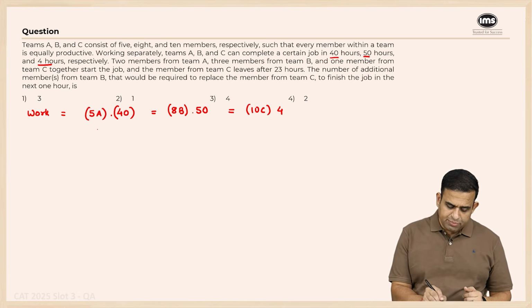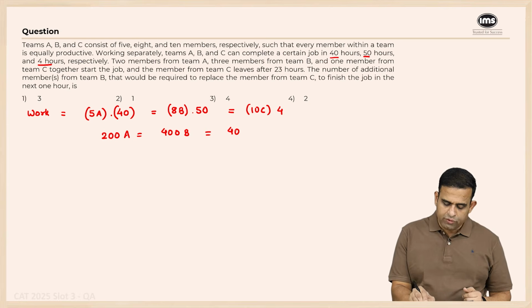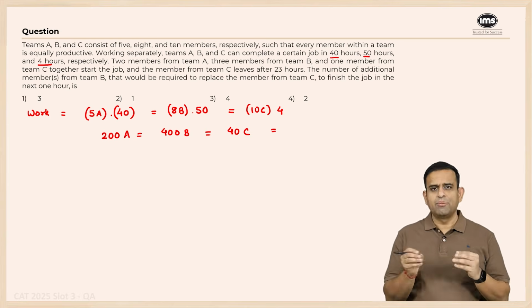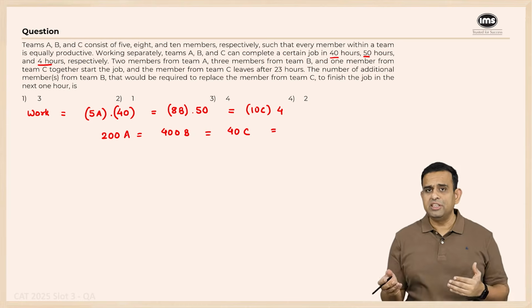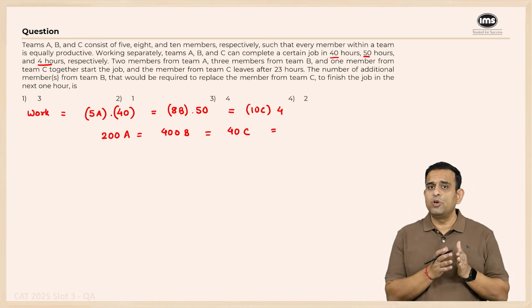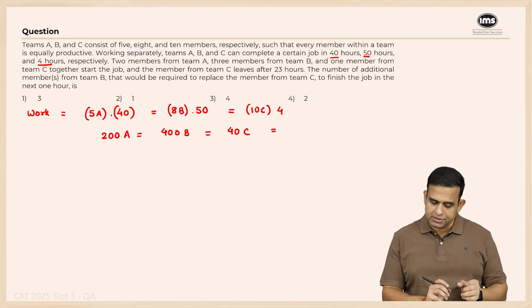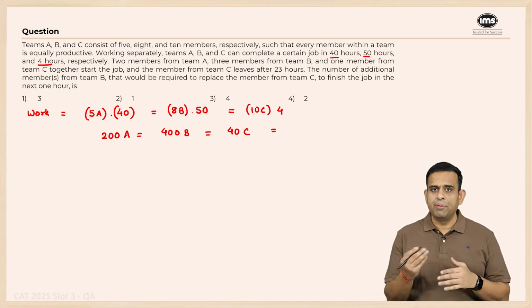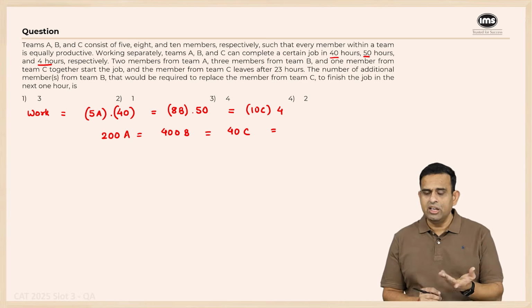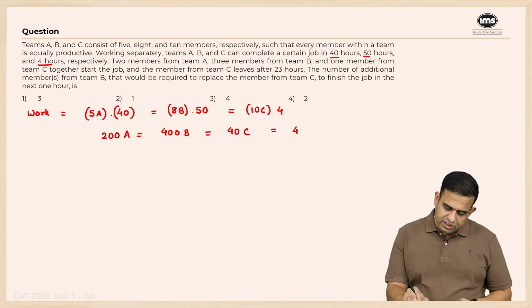If you look at this, it simply becomes 200A equals 400B equals 40C. If I want some nice, decent values of A, B and C, where A, B, C represent the efficiency of team A, team B and team C members, then I can take a number which is a multiple of 200, 400, which I can say is equal to 400.